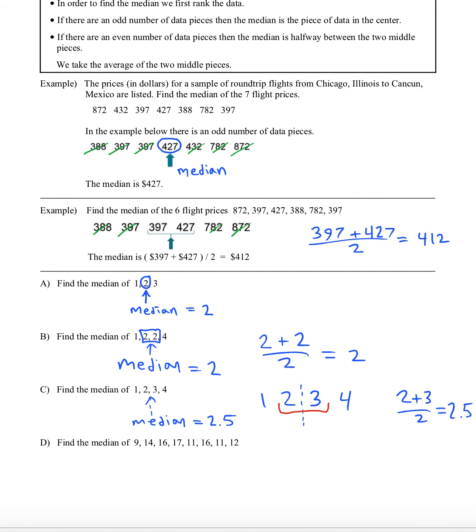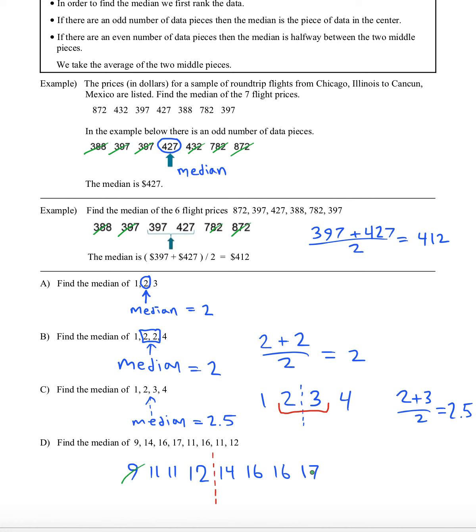The last one's the hardest of all. I see that the data is not put into order, so I'm going to have to put it in order. Now that it's in order, try to identify the middle.